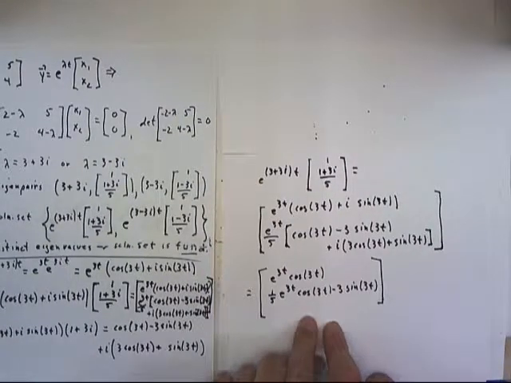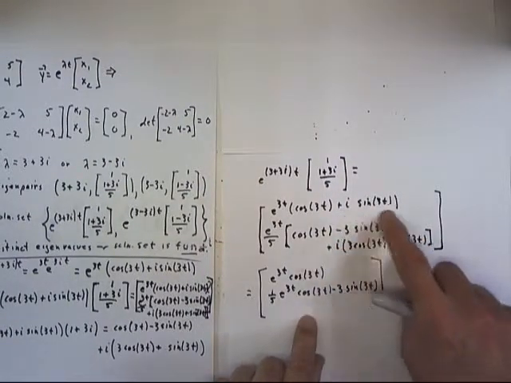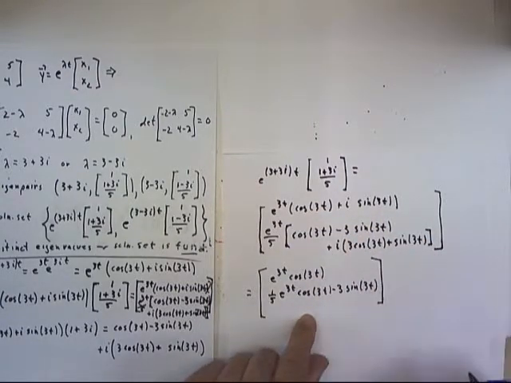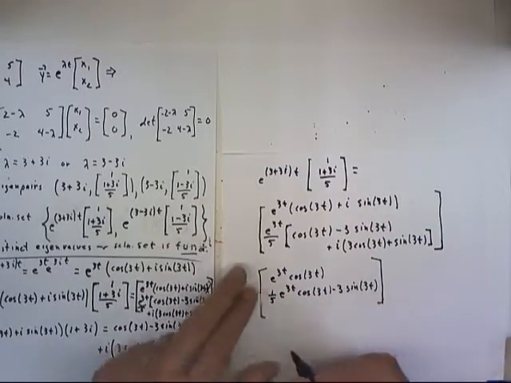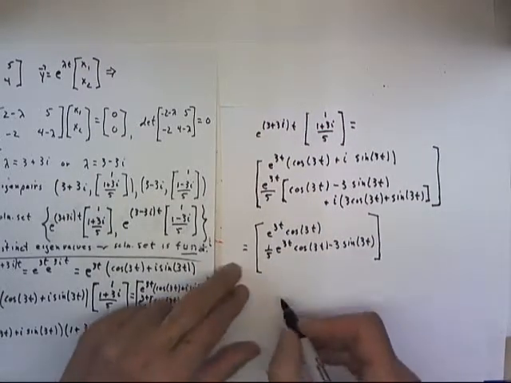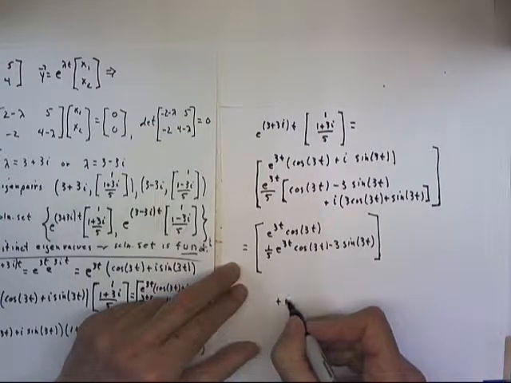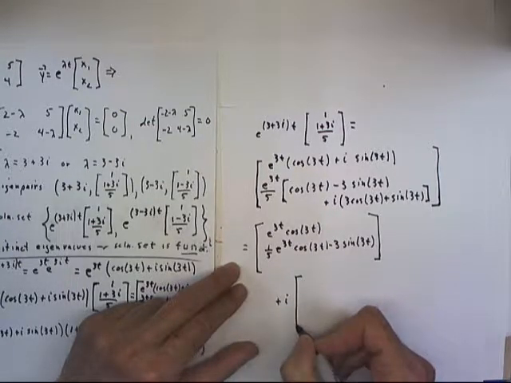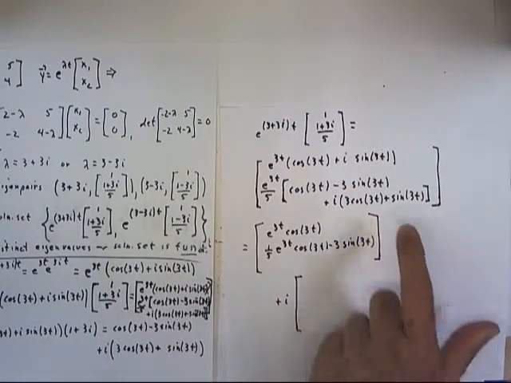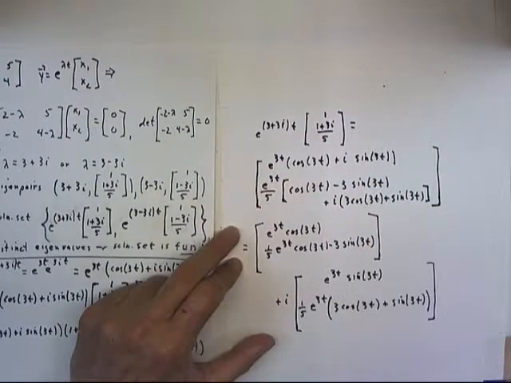We first see the real part. Ignoring the parts that have i's, we end up with this. And then it's going to be, and I'm not going to have room to write it over here without bunching it up, so I'm going to write plus i multiplied by the imaginary parts of these two components.